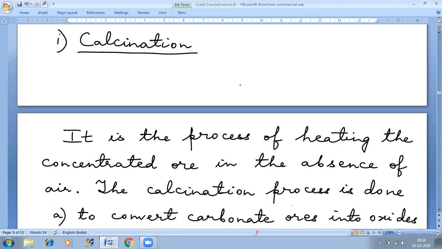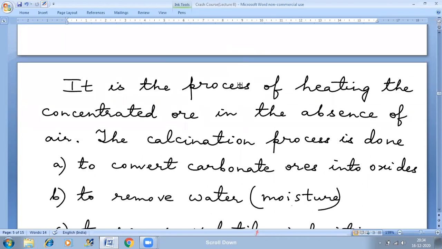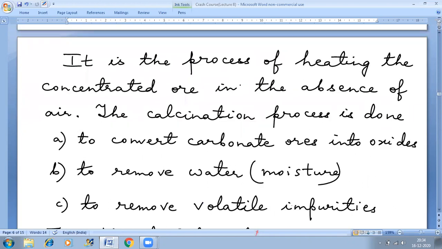So why do we do calcination? Because we want to convert the particular ore to its oxide, that means to the metal oxide. If calcination is done, then the ore gets converted to its oxide.